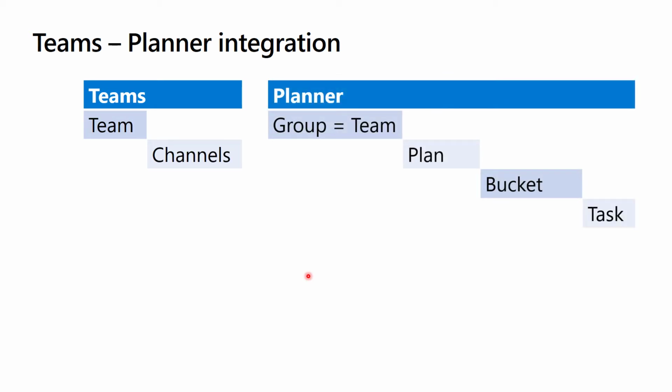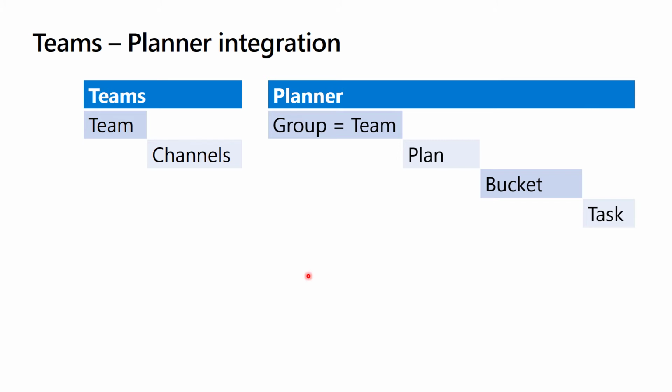In Planner the structure is deeper. You have the group that matches the team, and the ID is the same. Then in Planner you have the plans that match the channel, but you have more levels. So you have the bucket.